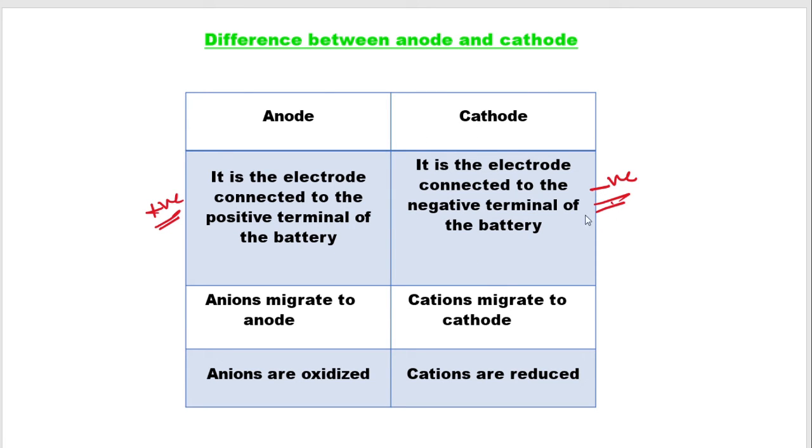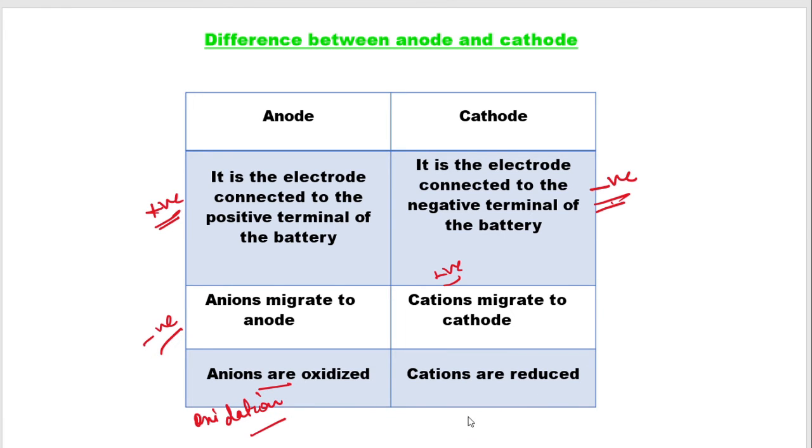Because the cathode is negative and cations are positive, they will migrate towards the cathode. Similarly at the anode, anions will migrate because the anode is positively charged. Now, as I've discussed, at the anode electrons are leaving. As electrons are leaving, you are having a loss of electrons. So at the anode, oxidation takes place.